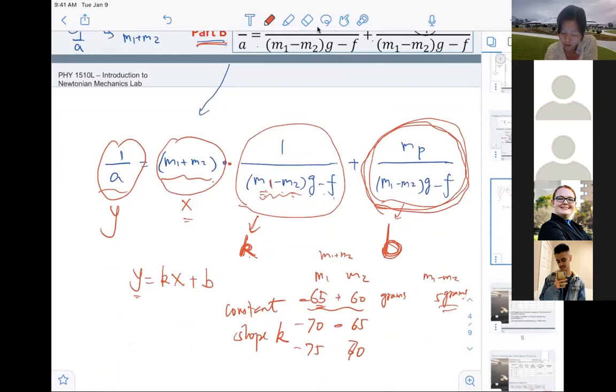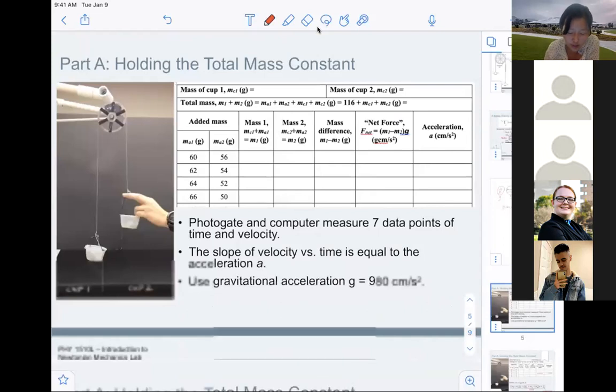Okay, so now let's look at the data sheet. These are 2 different cups, and each of the cups has some weight added to it. The added mass is listed here, but you have to go ahead and read the mass of each of the empty cups from the video and add that together.